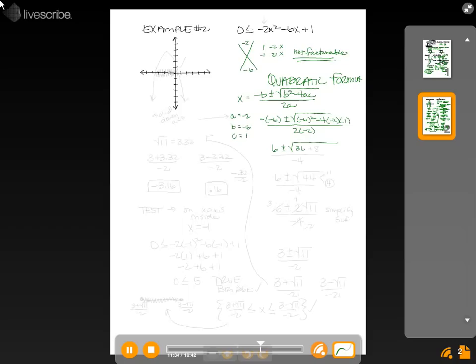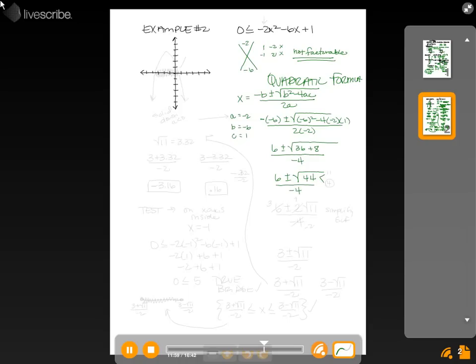Negative 6 squared is 36. And then we have negative 4 times negative 2 times 1. Two negatives make a positive, so positive 8 times 1 is still positive 8 over 2 times negative 2, negative 4. We keep going. 6 plus or minus the square root of 36 plus 8 is 44 over negative 4.